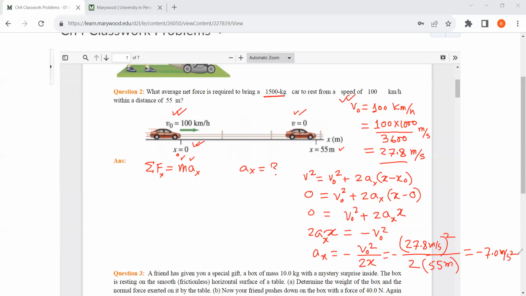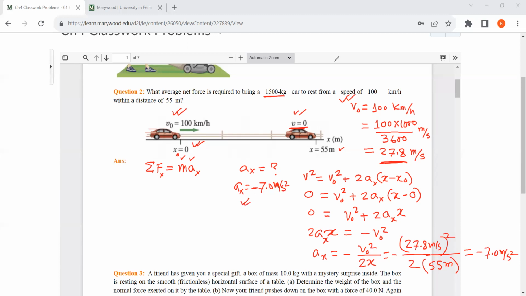So the acceleration we get is minus 7 meter per second square. It makes sense to get a negative sign because we are decelerating here. We are decreasing the velocity: the initial velocity was 27.8 and the final velocity is 0. So we are decelerating our car, which means we should have a negative sign in the acceleration.